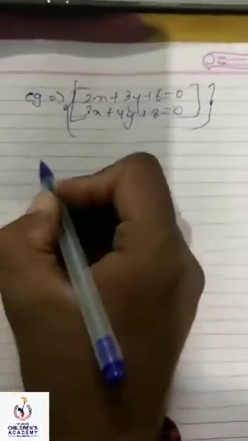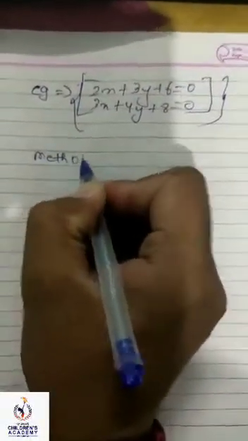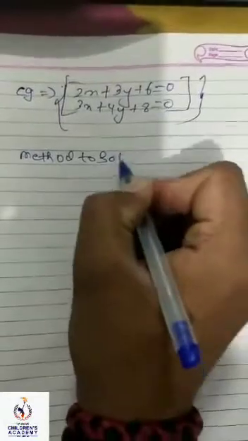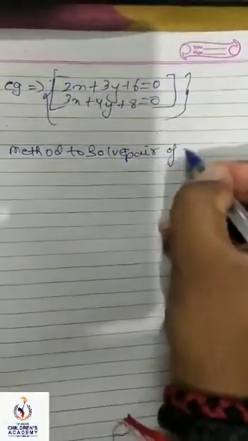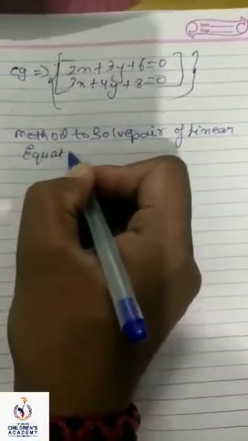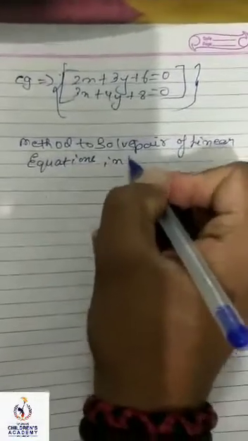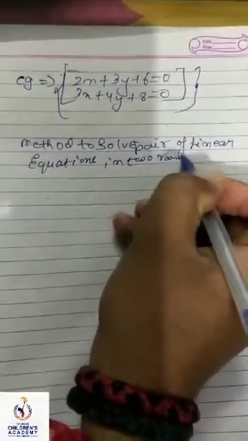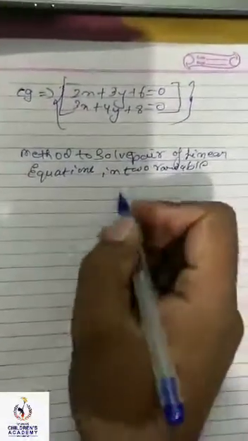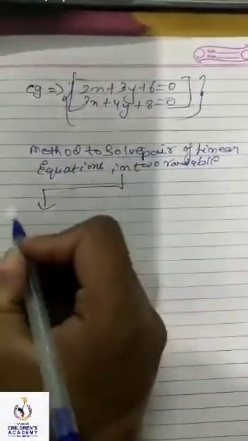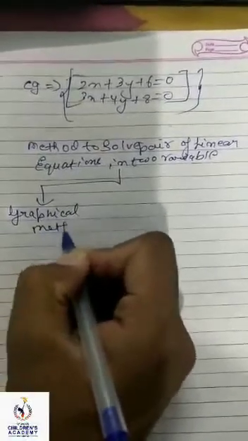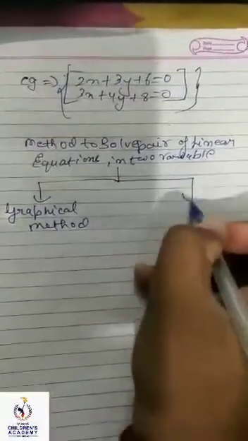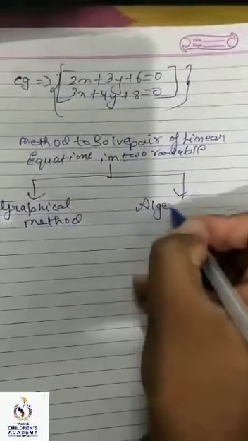Okay, so we have two methods to solve a pair of linear equations in two variables. The first method is the graphical method, and the second one is the algebraic method.